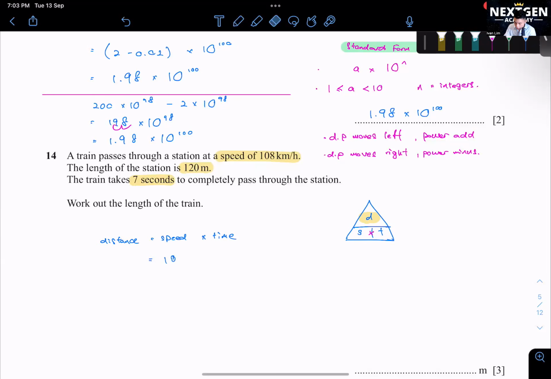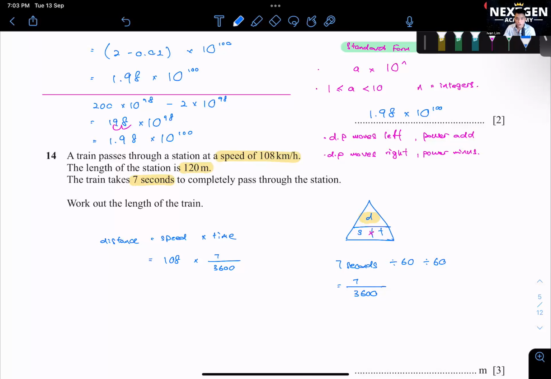This one will be 108 kilometer per hour. So you need to change your 7 seconds to hours. How you change to hours is you divide by 60, then you divide by 60 again. 60 and 60 is 3,600. So you can write 7 over 3,600.